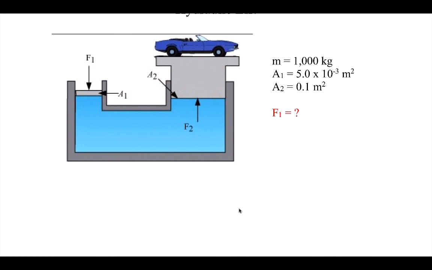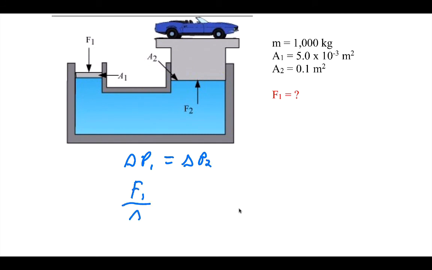If we keep in mind that whatever change in pressure we make on one side is the same as the change in pressure on the other, force over the area on one side must equal the force over the area on the other side, which means that the force we have to apply on the small side would be the ratio of areas times the force on the second side.